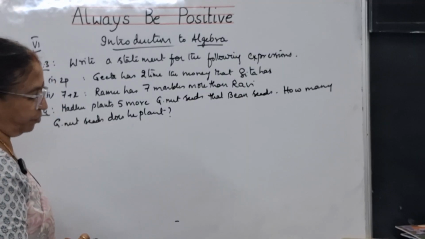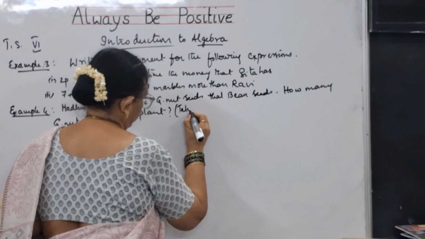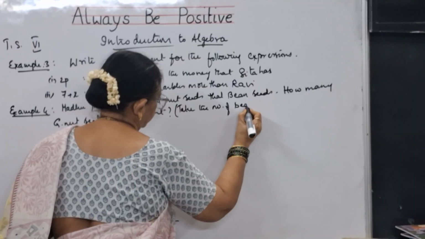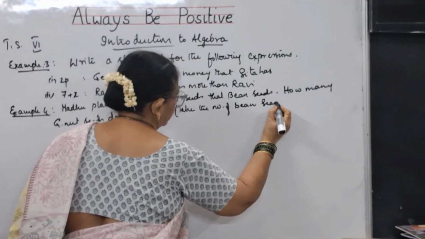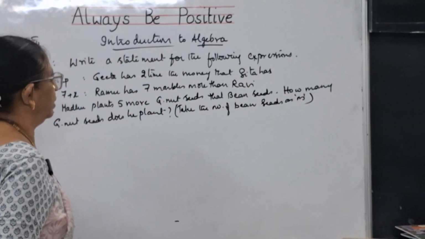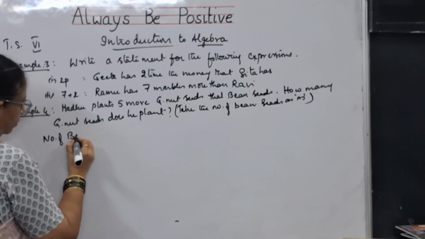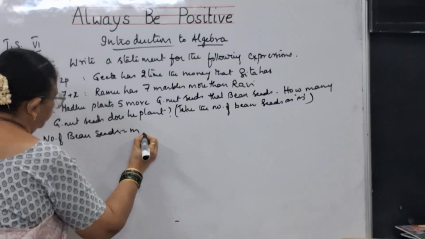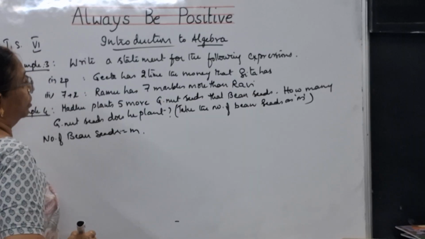Take the number of bean seeds as m. This is what is given here as a hint. So number of bean seeds is equal to m, and Madhu planted 5 more groundnut seeds.